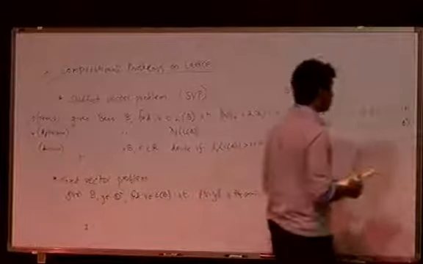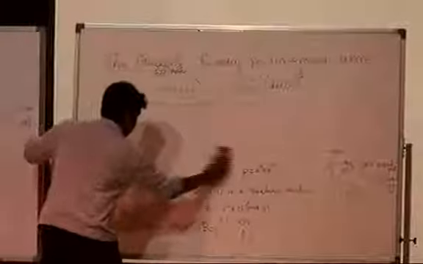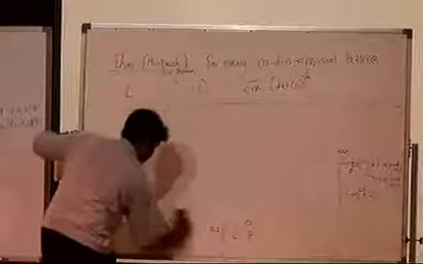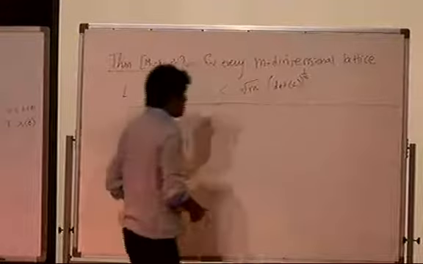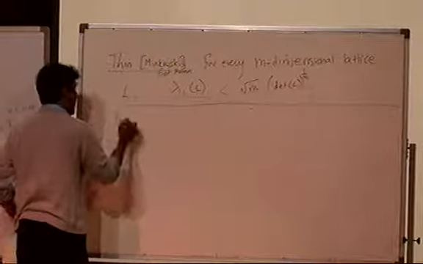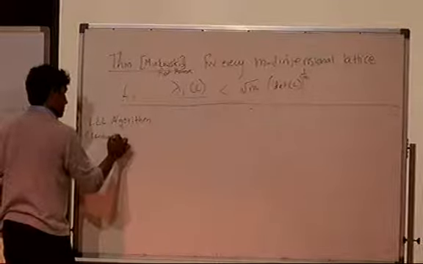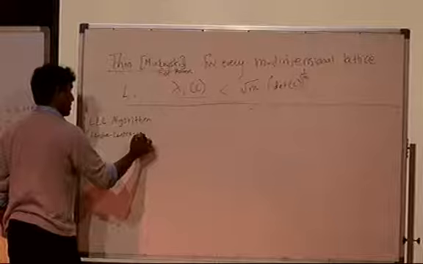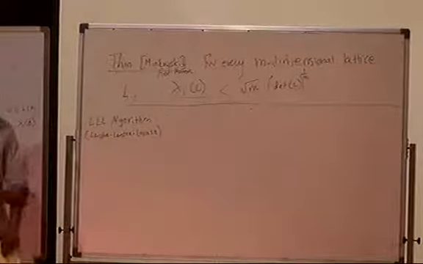All we know, the best thing that we know is, I'm going to keep this and I'm going to erase the rest. The best thing that we know is given by the LLL algorithm. LLL is Lenstra, Lenstra and Lovász, named for its inventors.